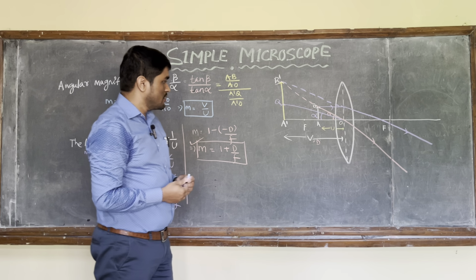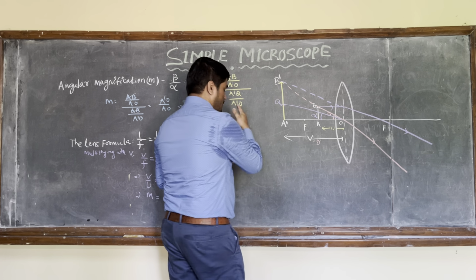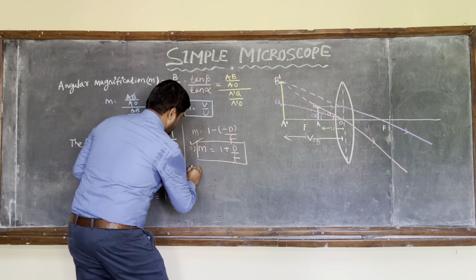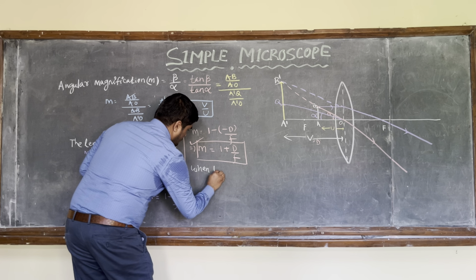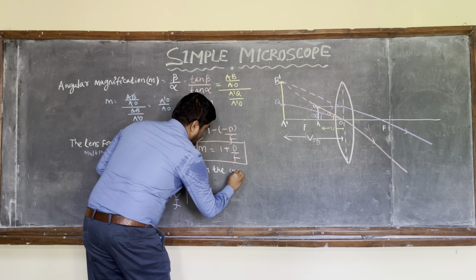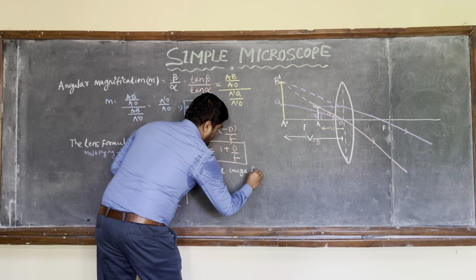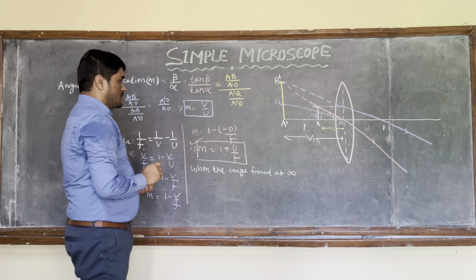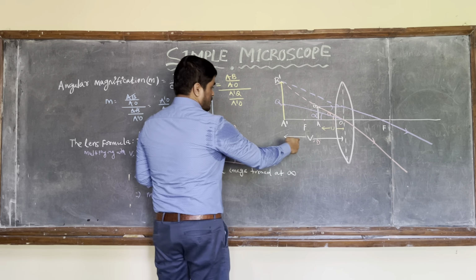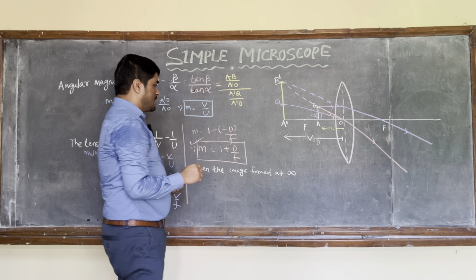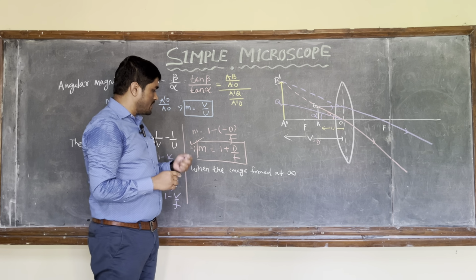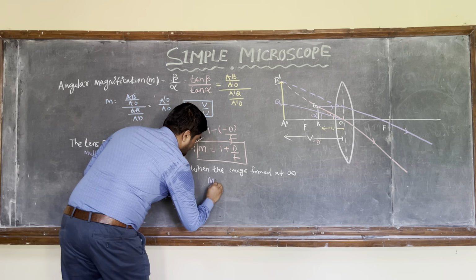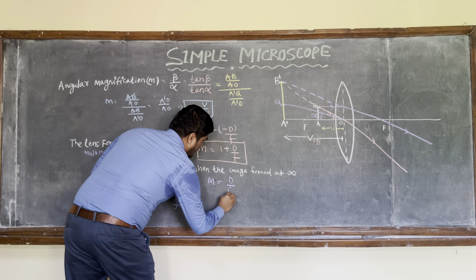And another case, when the image is formed at infinity. Clear? When the image is formed at infinite distance, v will be infinite, and if you put this value in the equation, you will find the magnification m will be d divided by f.